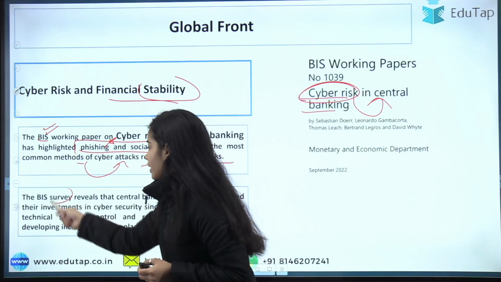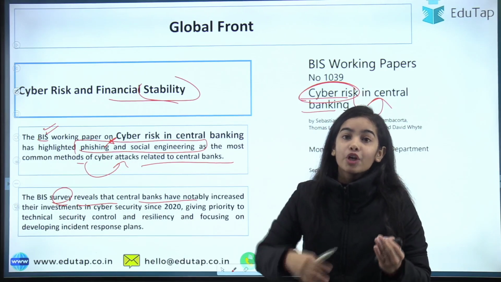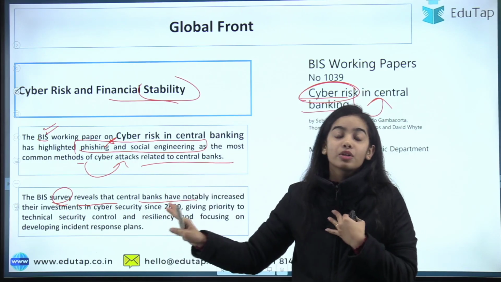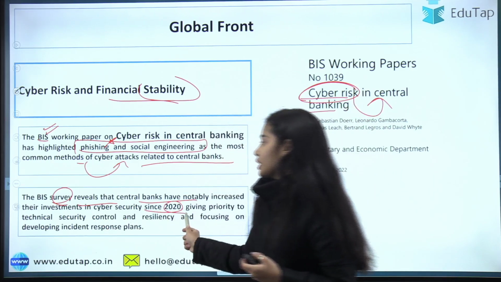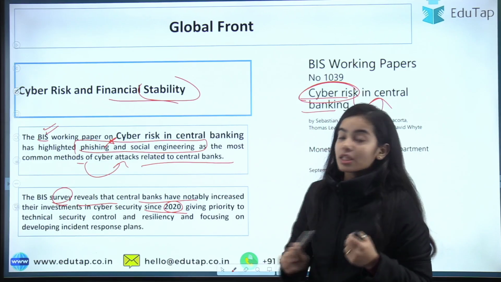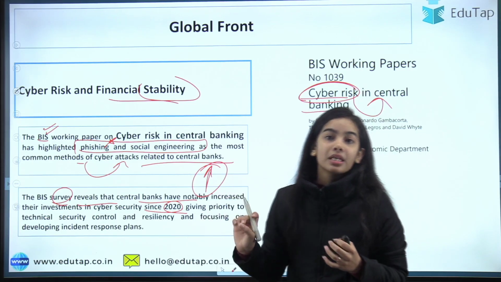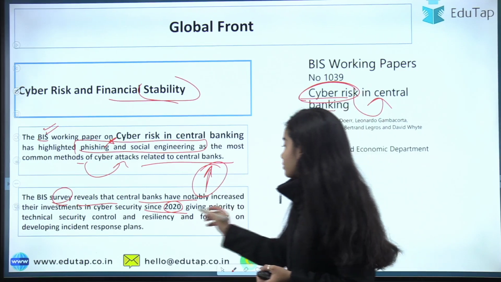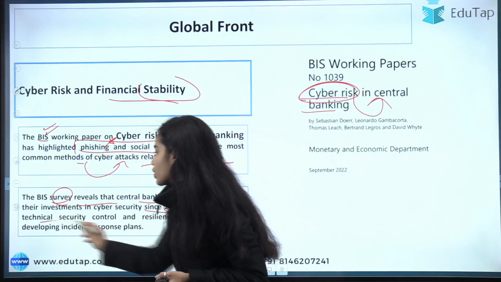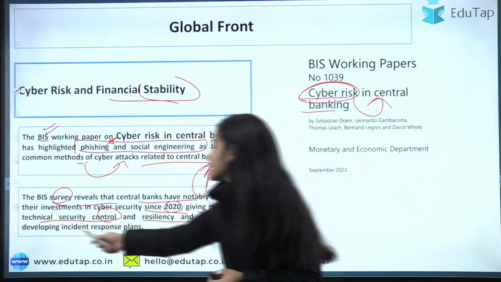The BIS survey reveals that the central banks have notably increased their investment to be secured from cyber risk since 2020. Since 2020, the investment has increased a lot, giving priority to technical security control and resiliency, and focusing on developing incident response plans.